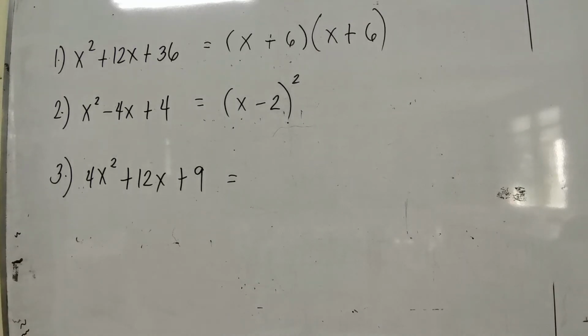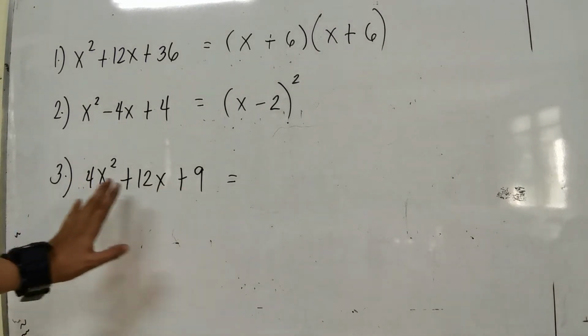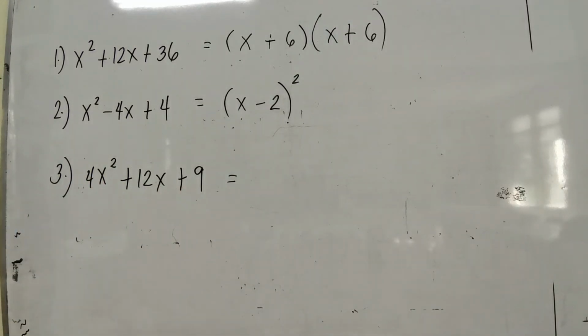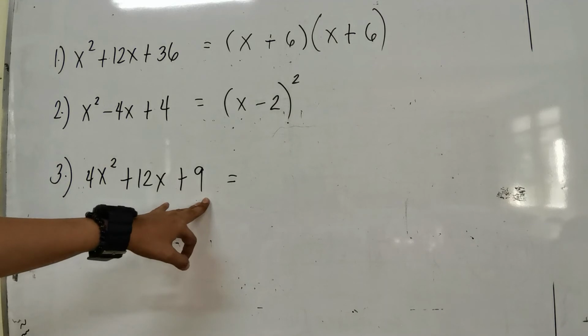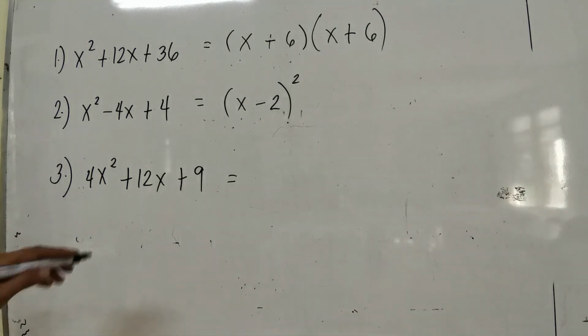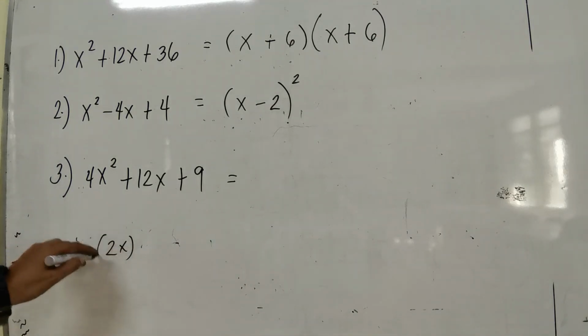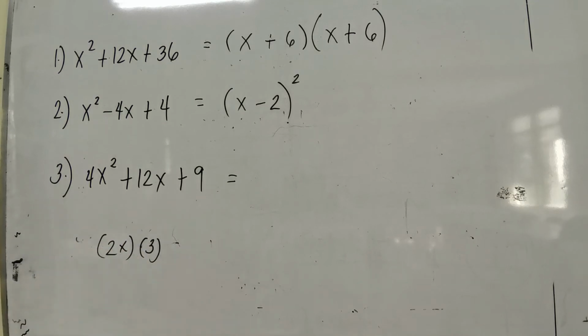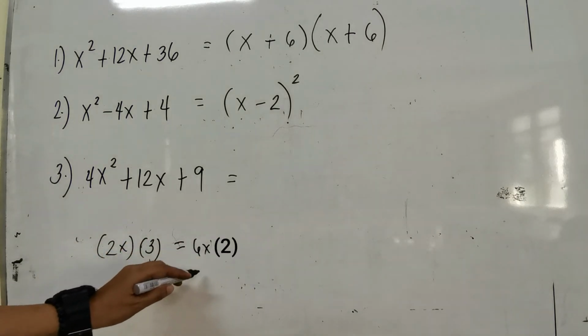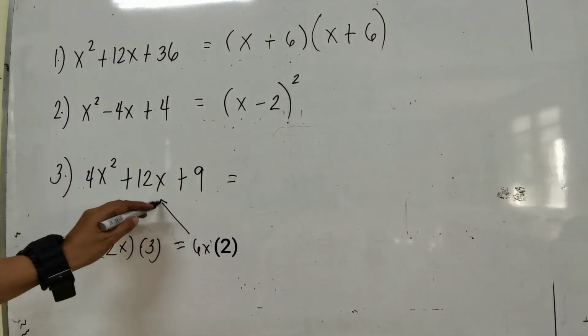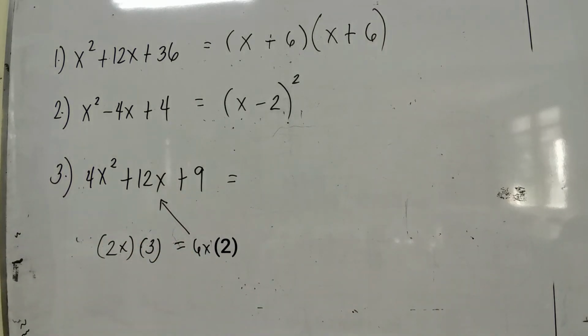So, proceed tayo. Kung ito ay perfect square, pareho. Ang square root ng ating 4x squared ay 2x. At ito naman ay 3. Then, kapag minultiply natin ang 2x at ang 3, that is 6x. Then, twice natin ang 6x, so that is 12x. So, meaning, number 3 is also a perfect square trinomial.